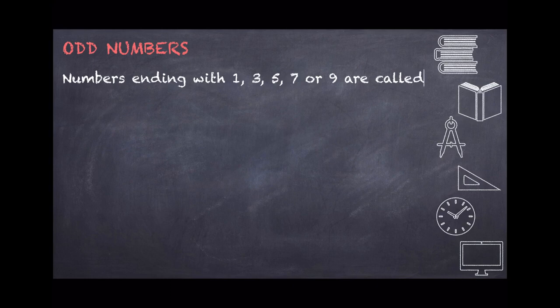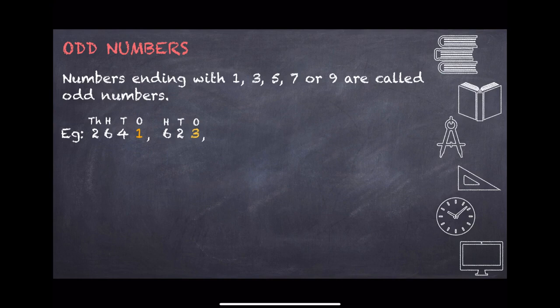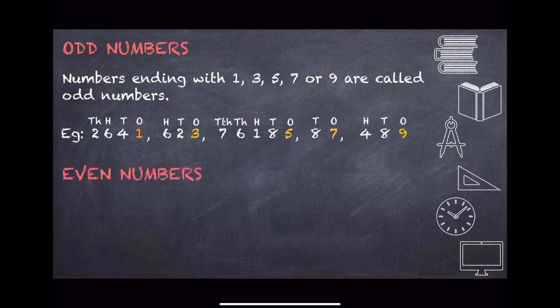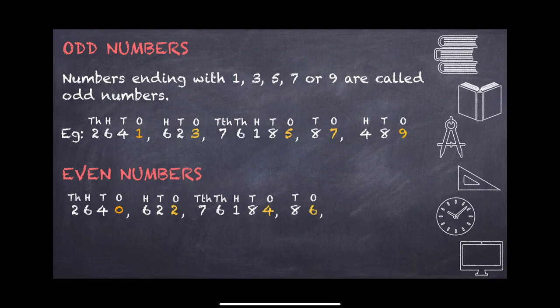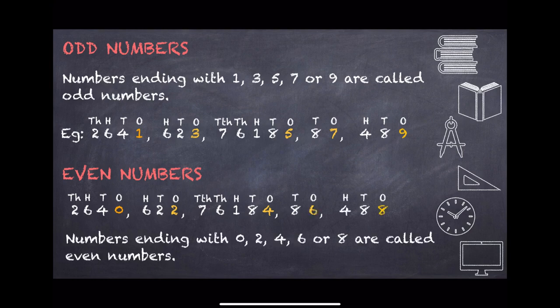That means the digit in ones place of the given number should be 1, 3, 5, 7 or 9. Similarly, even numbers are numbers having 0, 2, 4, 6 or 8 in its ones place. I hope all of you were able to recollect what are odd and even numbers, right?